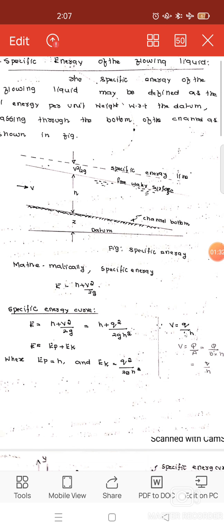And we can see here that the height between the bottom of the channel and the surface level of the water is measured as h. We call that the potential head. It is the depth of the water flowing, from the free surface to the bottom of the channel.